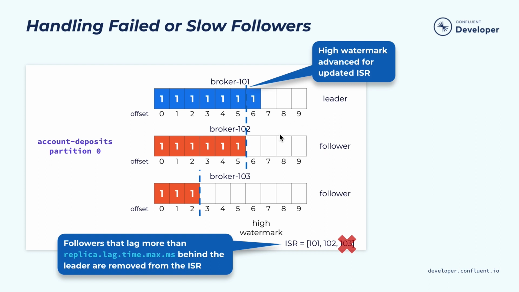It will measure the last time this particular follower has caught up all the way with the leader. And if it's lagging by more than a configured amount of time based on this property, then this follower is considered out of sync and will be dropped out of the ISR. At that point, the leader can advance the high watermark based on the reduced in-sync replica set. This is how we handle follower failure.